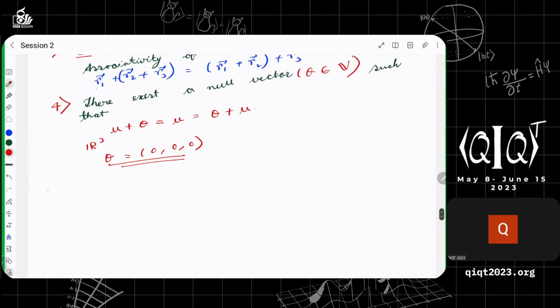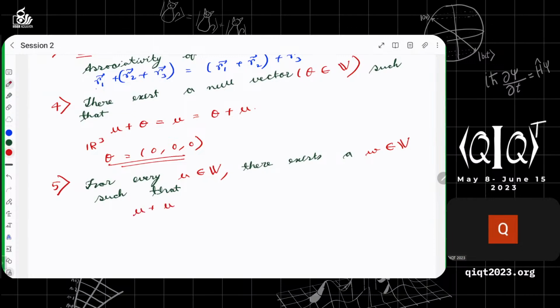And the fifth condition is that for every u belongs to V, there exists a w, which is also a member of the set V, such that u plus w equal to theta.